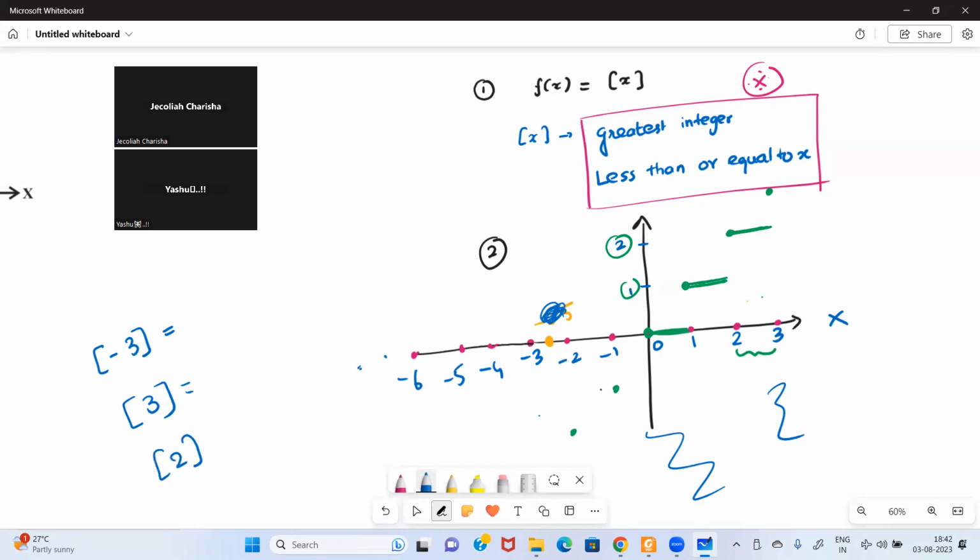What is the greatest integer of 2? 2, sir. What is the greatest integer of 3? 3. Greatest integer of minus 3? It's minus 3, sir. Whenever it is an integer, don't even bother to think. The answer will be that only. Clear? Yes, sir. The only issue is when it is not an integer, then you have to think.